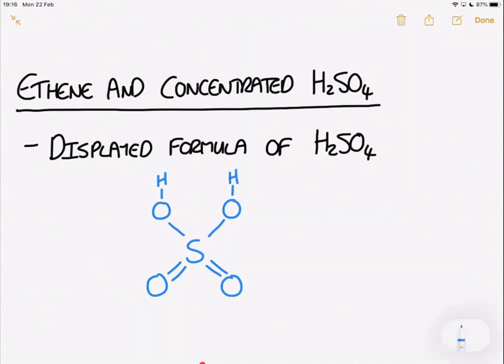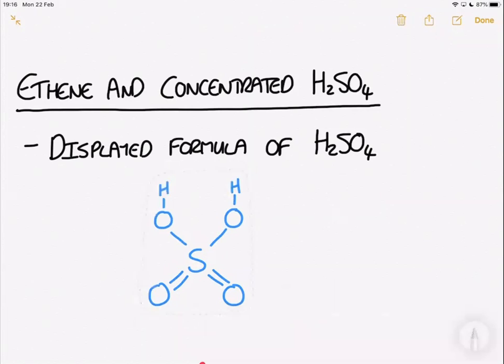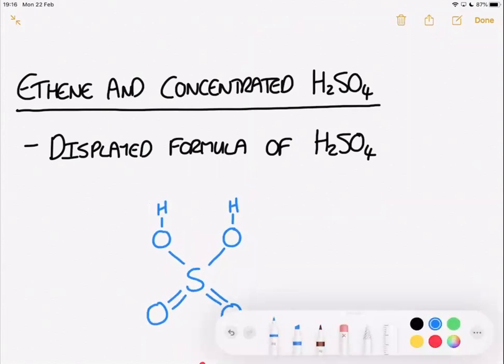If this looks complicated, I guess it is a little bit, and the nature of the bonding in sulfuric acid and the ion that you get from it is something you look at a little bit later on when you're doing some stuff about period 3 oxides. The main message here is you need to learn this. So you sketch it once, then you come back to it in a few days, and try to sketch it again from memory.